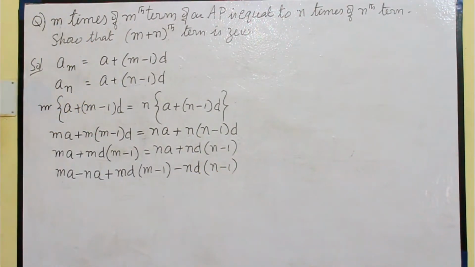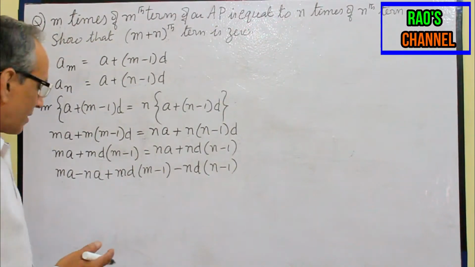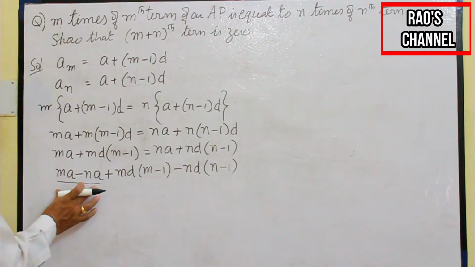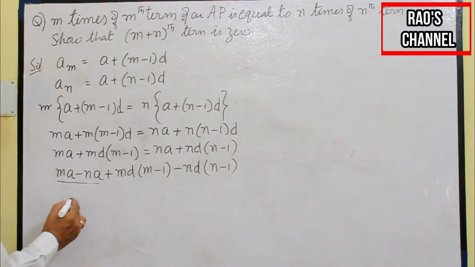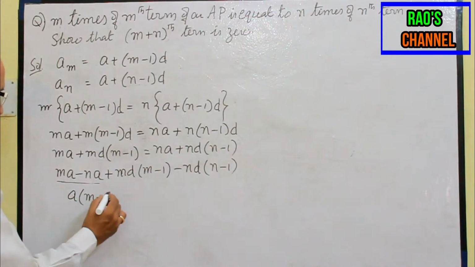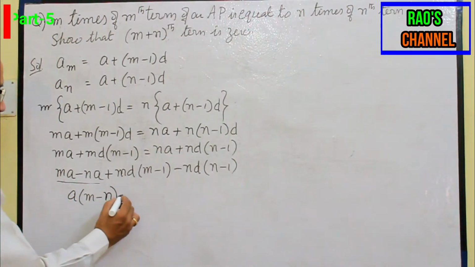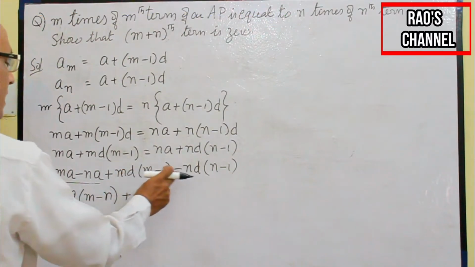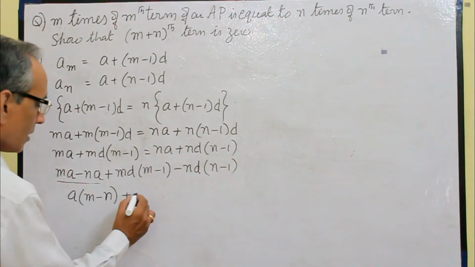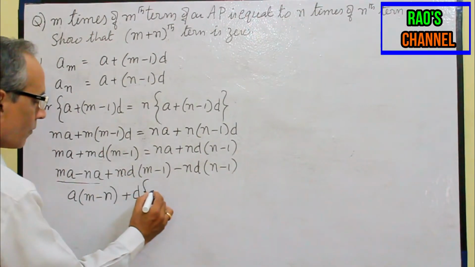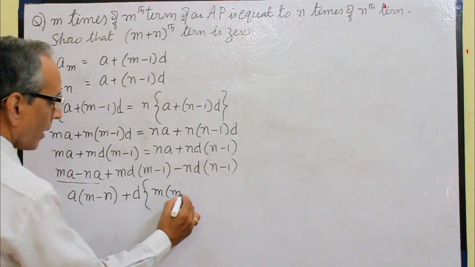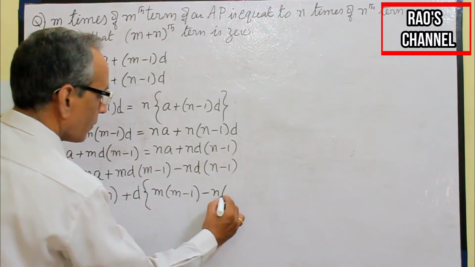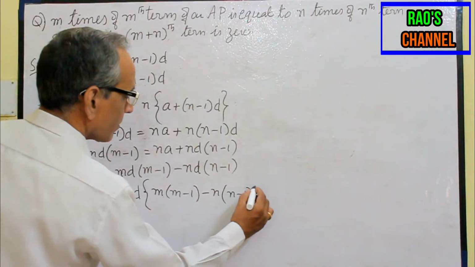Now by grouping and factorization, the first one is a pair, the second one is a pair. For the first one, A is the common factor, so this is A(m minus n) plus, here D is the common factor, so d times (m(m minus 1) minus n(n minus 1)).